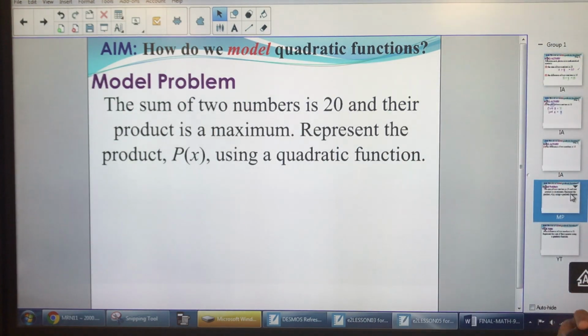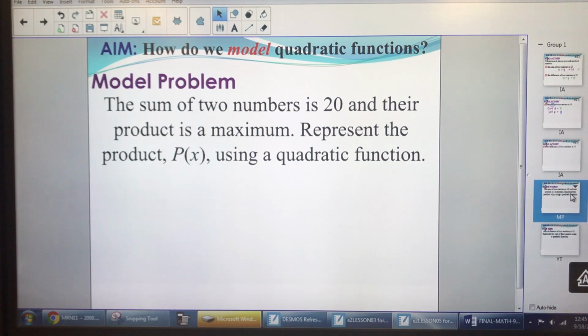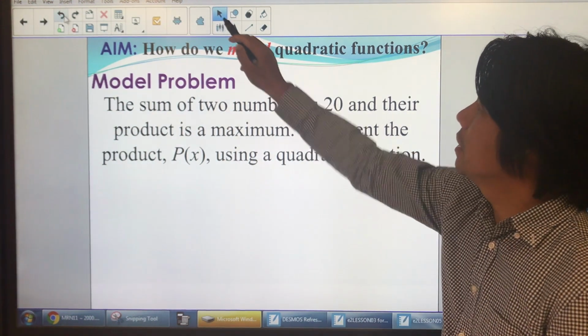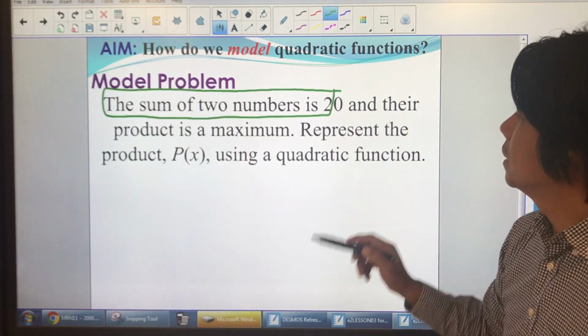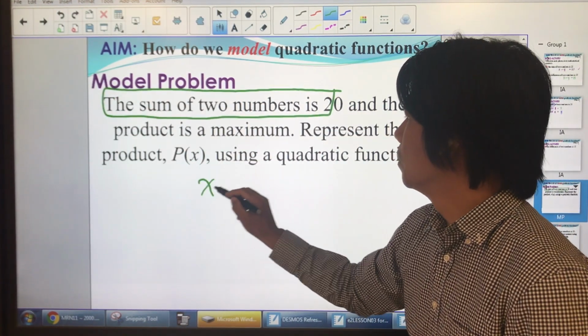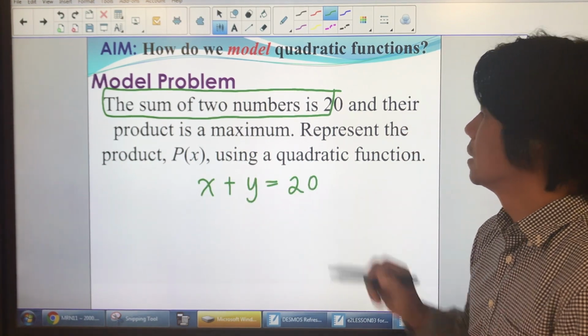Now to the model problem. The sum of two numbers is 20 and their product is a maximum. Represent the product p of x using a quadratic function. Now we already know this one, right? We know that this is x plus y equals 20.